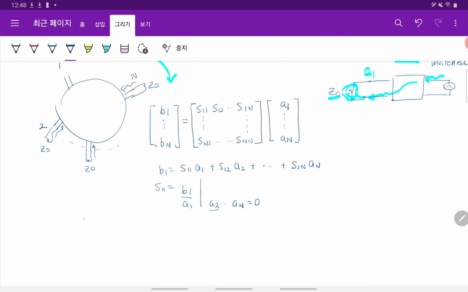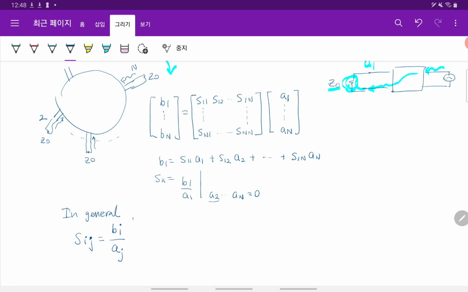So in general, Sij is a relative measurement from incident Aj, so J is the source, and then Pi. Then Ak is 0 for k not the same as j.